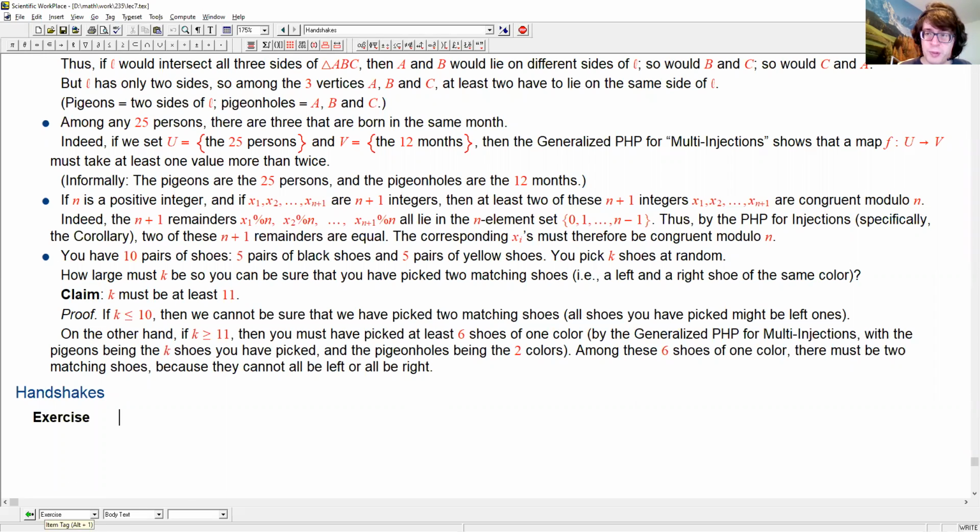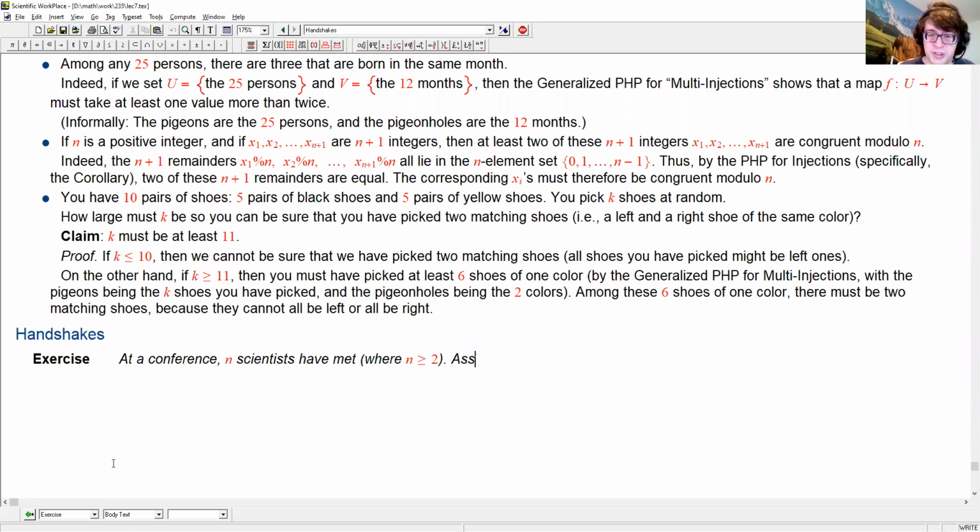So back before Corona, there was a science conference, and n scientists have met, where n is at least 2. Assume that some of them have exchanged handshakes. We make the following two assumptions.